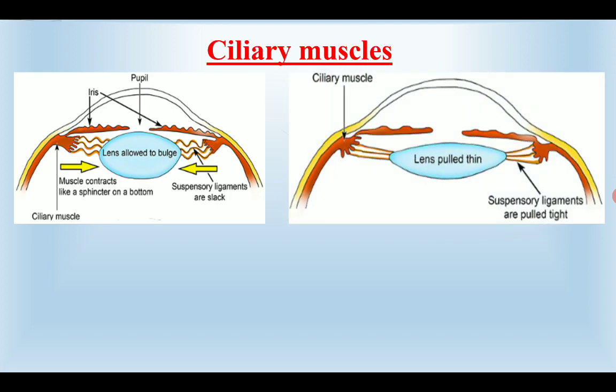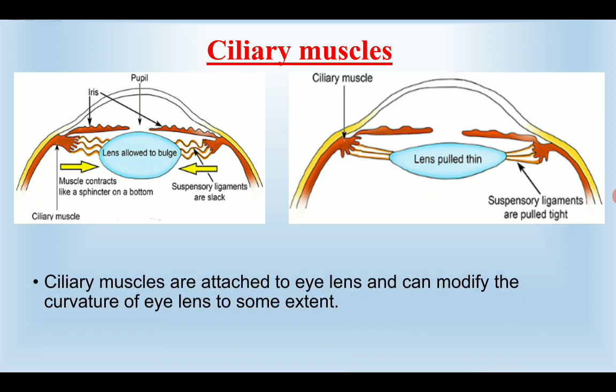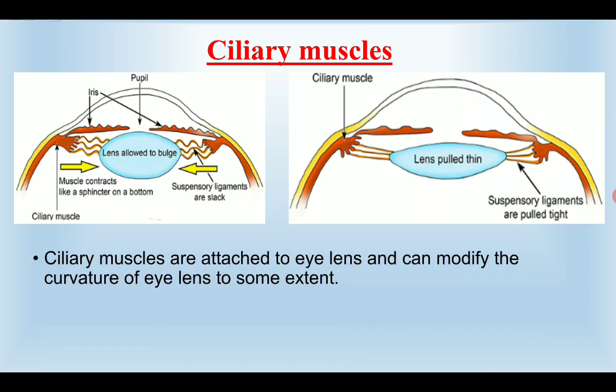But in the second case, when the ciliary muscles are pulling the eye lens, the eye lens gets thinner. So in both cases, the focal length of the eye lens is changed by the ciliary muscles. These muscles are attached to the eye lens and can modify its curvature to some extent.